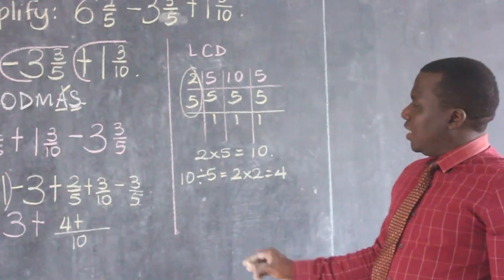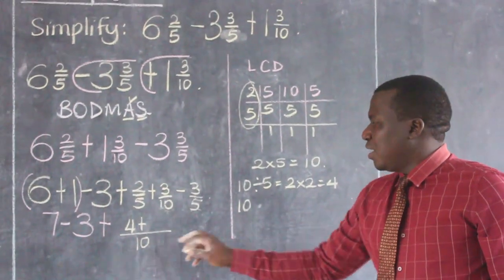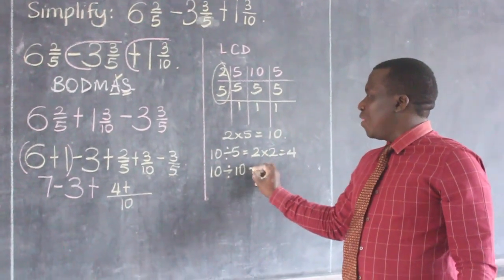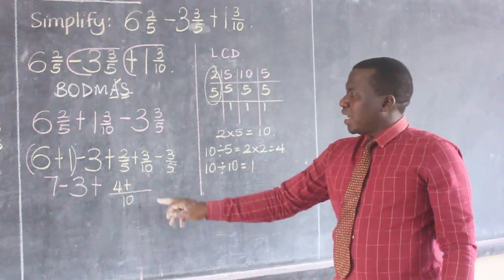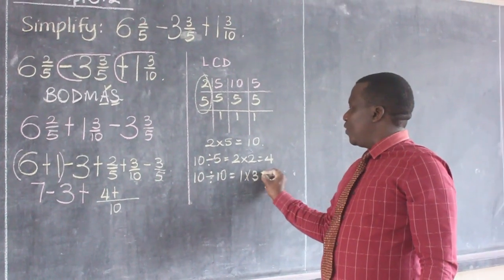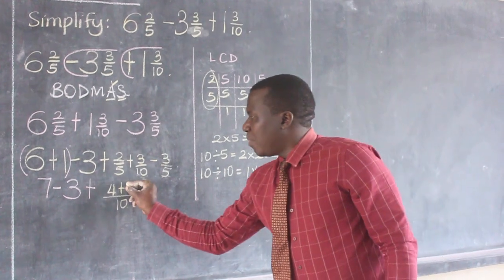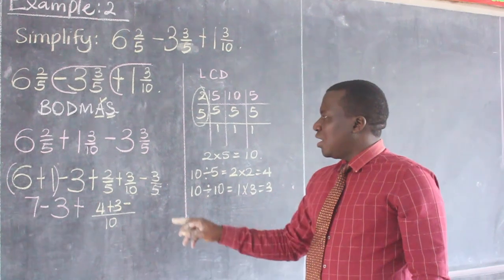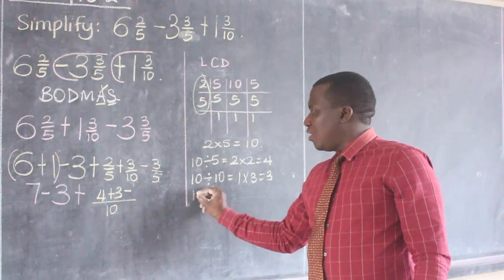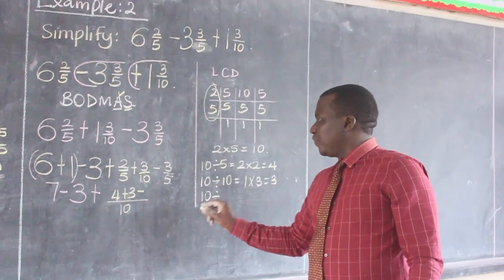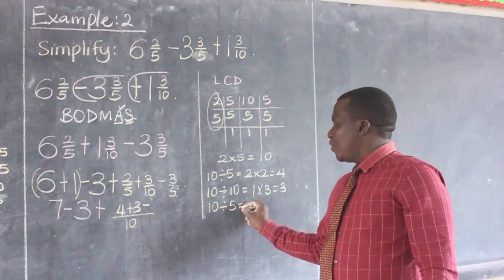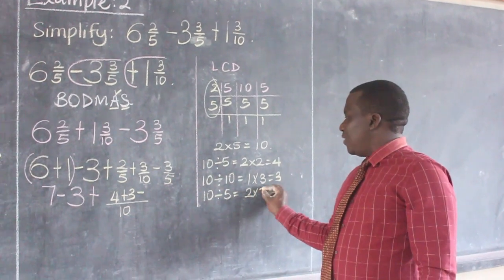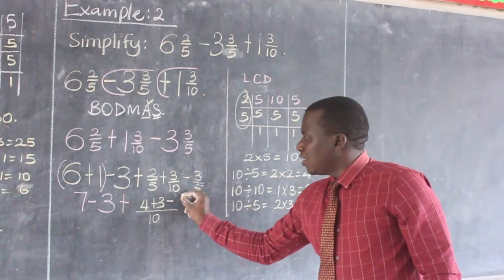Okay, and then you have 10 again, the lowest common denominator, divided by this denominator 10, which gives us 1, times the numerator 3, which gives us 3. So you come and write your 3 there. Okay, then now you bring in the subtraction, and you get the lowest common denominator divided by this denominator 5, which gives us 2. Okay, then times the numerator 3, which gives us 6.